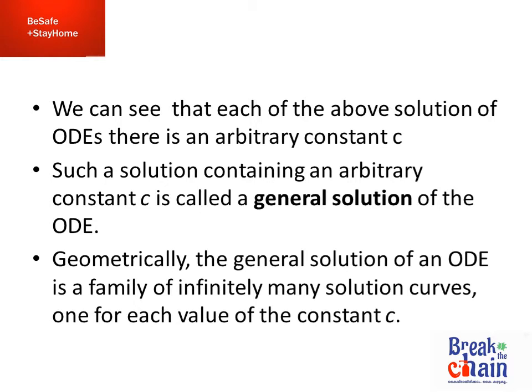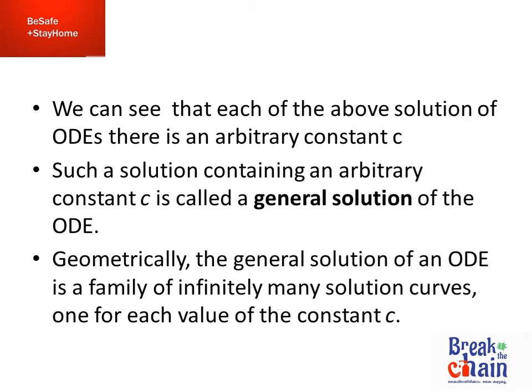Now we can see that in each of the above solutions of differential equations, there is an arbitrary constant c. Such a solution containing an arbitrary constant is called the general solution of the ordinary differential equation. Geometrically, the general solution of an ordinary differential equation is a family of infinitely many solution curves, one for each value of the constant c.